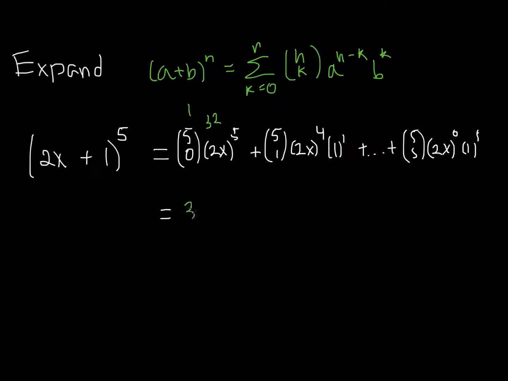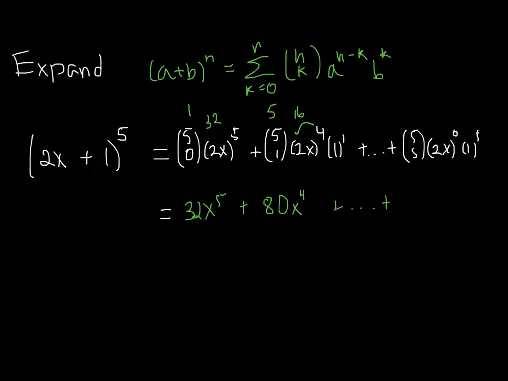So what I have is 32x to the 5th plus 5 choose 1, which is 5. 2 to the 4th is 16, and 1 to the 1st is 1. So I have 5 times 16. 5 times 10 is 50, 5 times 6 is 30, so that's 80x to the 4th, all the way through.